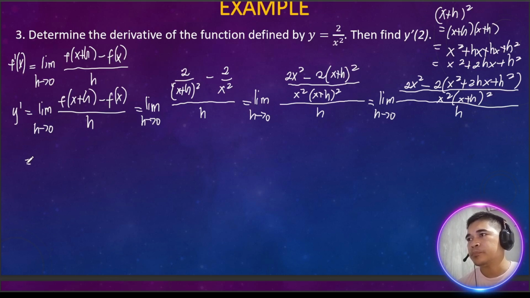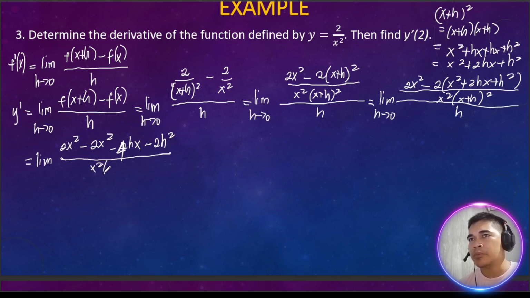Simplify. So limit 2x squared minus 2x squared minus 2hx minus 4hx rather, since we have 2 times 2, then minus 2h squared over x squared times the square of x plus h all over h as our h approaches 0.